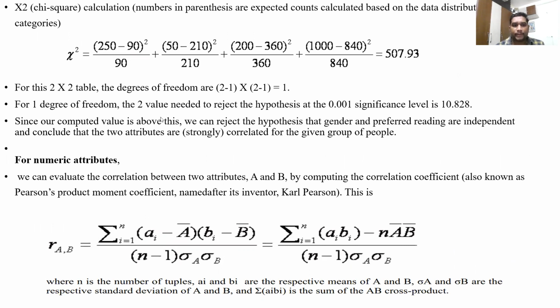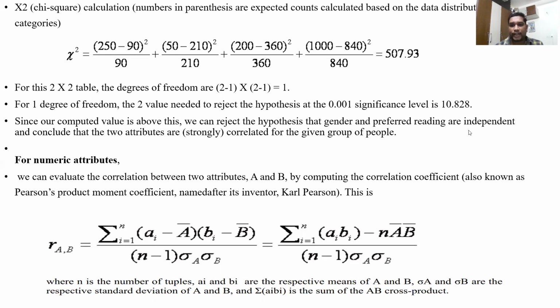For 1 degree of freedom, to reject the hypothesis at the 0.001 significance level, you look up the chi-square distribution table, and the value needed is 10.828. Since our computed value is above this, we can reject the hypothesis.